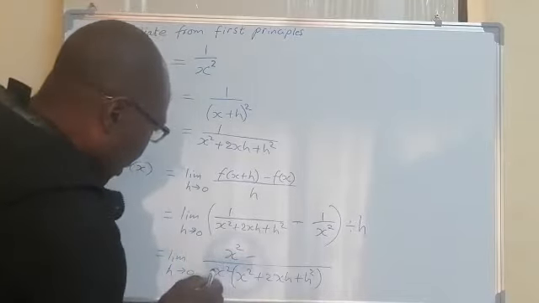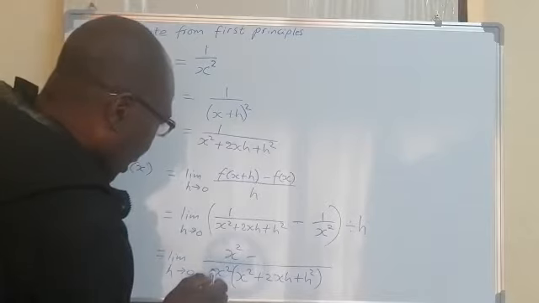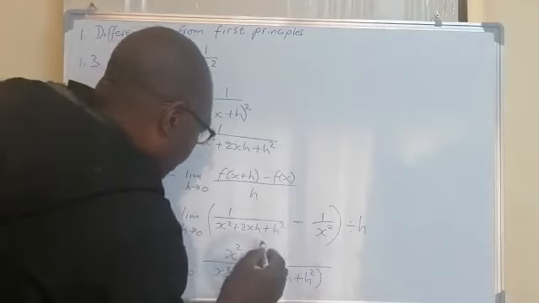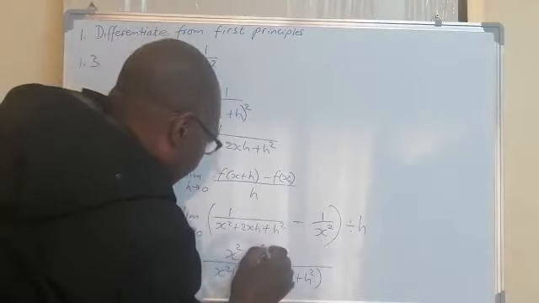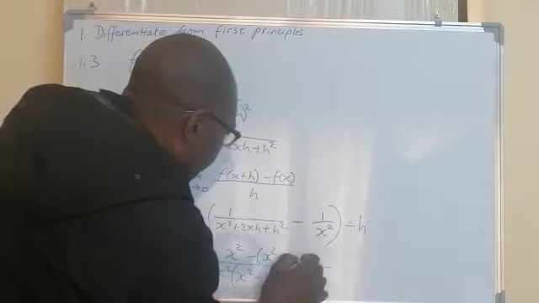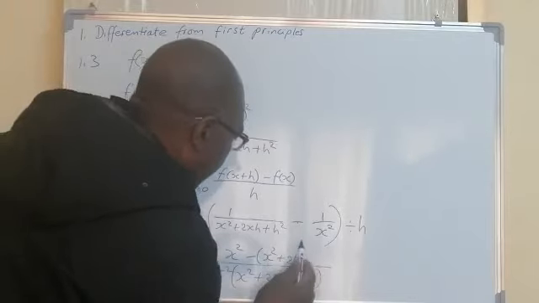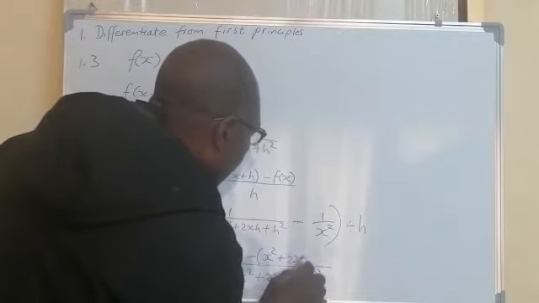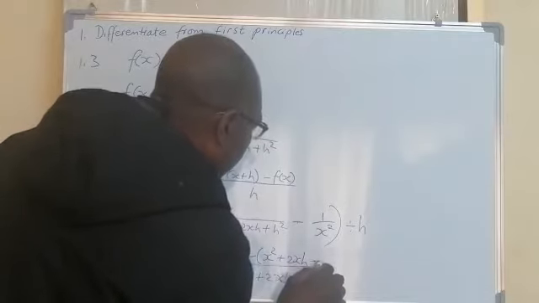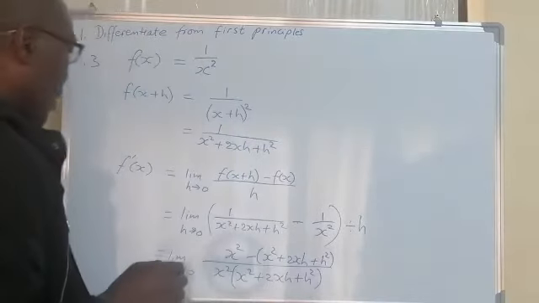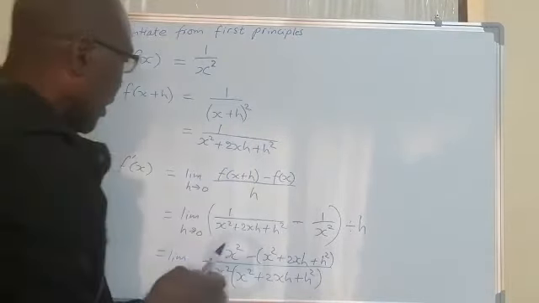This x squared will cancel with that one, meaning this will multiply with 1. So I say minus in brackets x squared plus 2xh plus h squared. This part has to be understood very well.